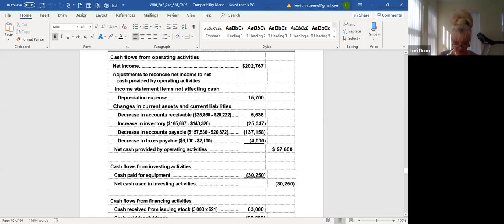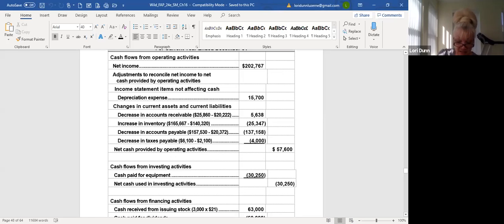So if I take the $32,450 plus the company's net income of $202,767, if there were no dividends paid, that balance should be $235,217. But in Part C, they go, oh no, there were dividends paid this year. Declared and paid $60,000 of dividends.